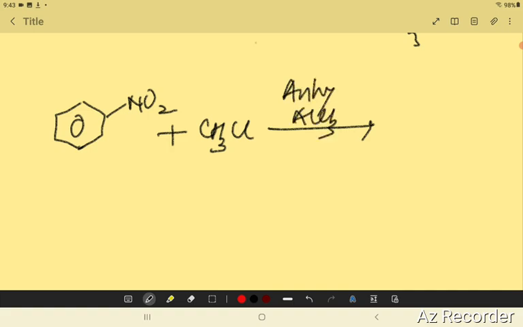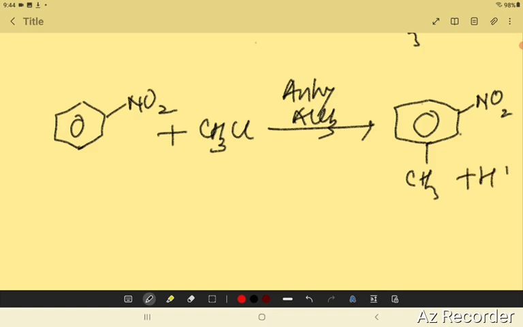As you know, the NO2 group is a meta-directing group, so it will form only a single product, and the methyl group will be attached at the meta position. NO2 is here, and meta means leaving one carbon, the next one is CH3. So this will be the product.